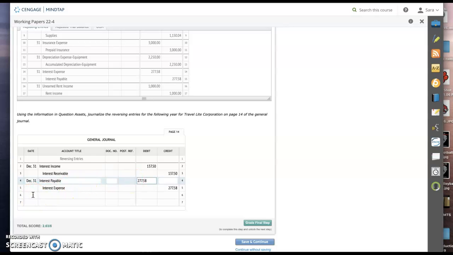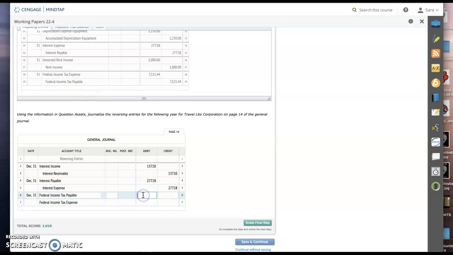And then our last one is going to be with our federal income tax, so December 31st. Federal income tax payable. And federal income tax expense.